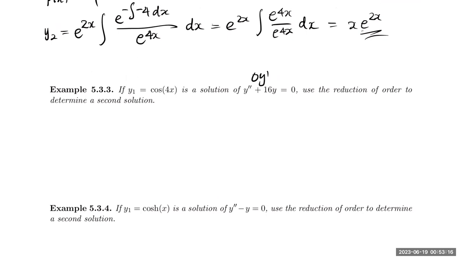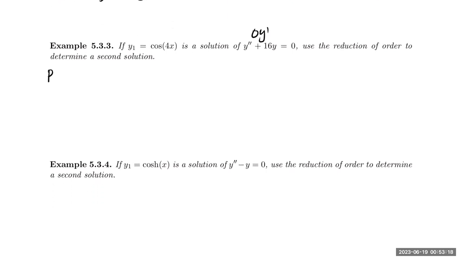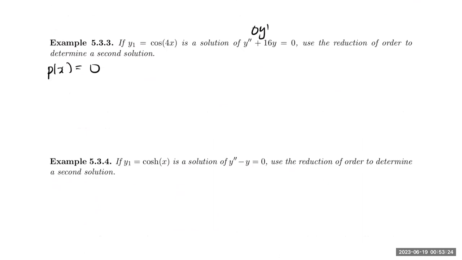So we have to assume that our p(x) is equal to 0. By the reduction of order formula, you have y2 equal to cos 4x times the integral of e to the power negative 0 dx divided by cos squared of 4x dx.